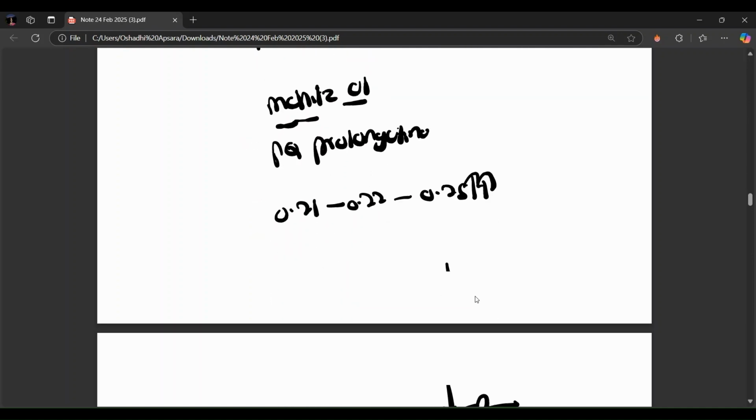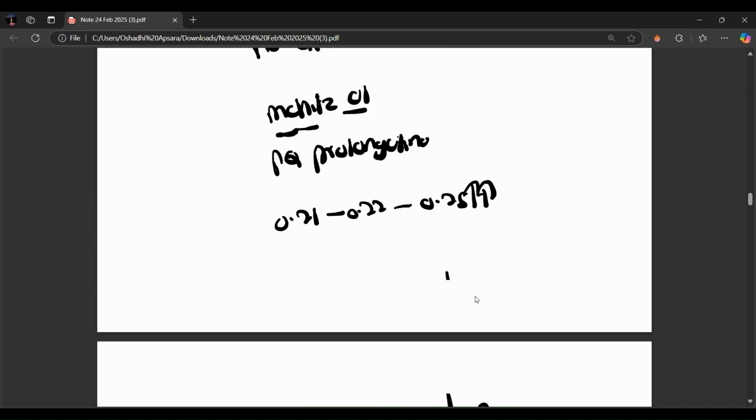And what are Mobitz 1 and Mobitz 2? In Mobitz 1, the PQ is prolonging. It means in the PQ interval, first you get 0.21, next 0.22, next 0.25. What is happening to the PQ interval?